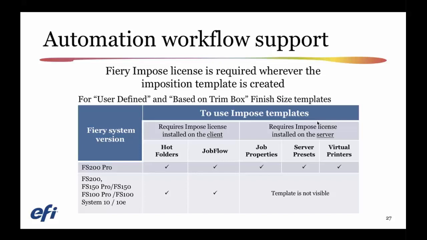If you're doing the upgrade, our installer will uninstall 5 and install 6 for you. And if you already have an Impose license or JobMaster Compose license, any of those software licenses already activated, the upgrade process will take care of the licensing. You don't need to do anything. They should all be activated after you upgrade to 6.